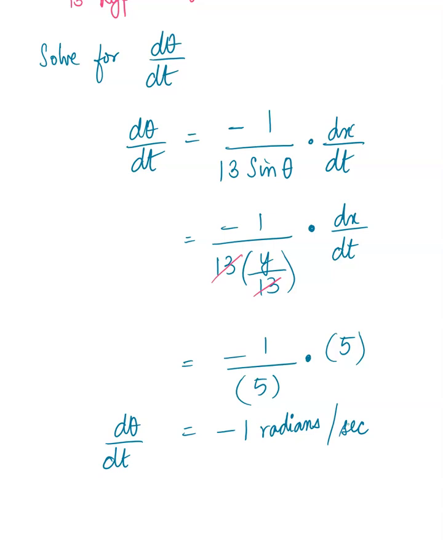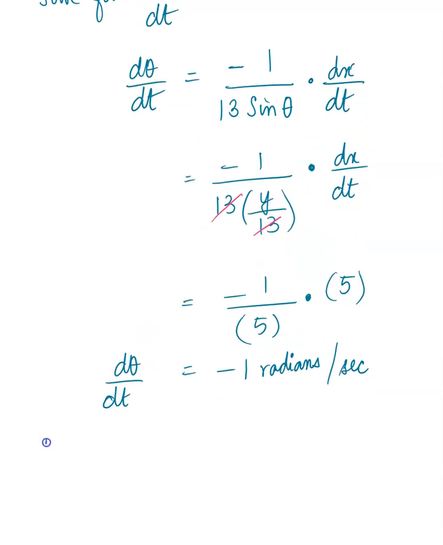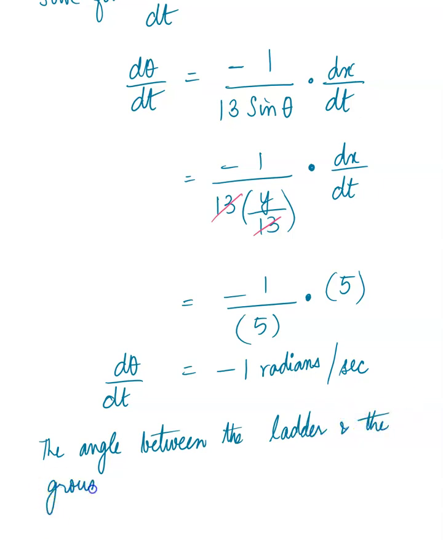Again, you can interpret this by going back to the problem and say the angle between the ladder and the ground decreases by 1 radian per second.